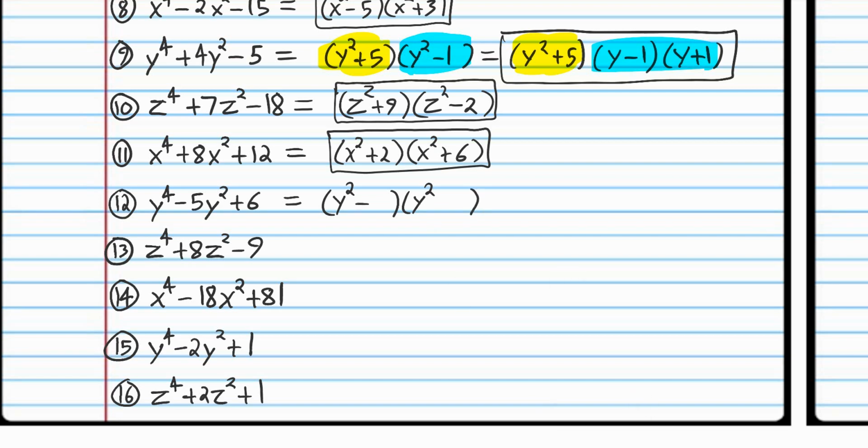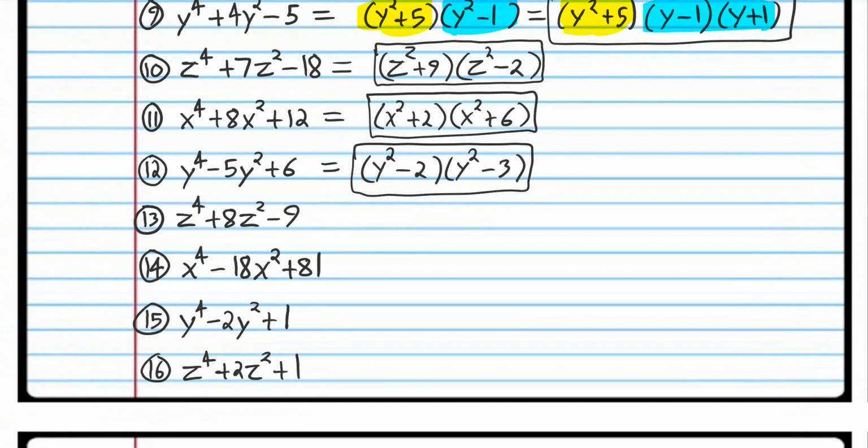I think it's going to be negative 2 and negative 3. And that's going to be your final answer. So if you got that answer, good job. If at first you don't succeed, try again. And again, these are not perfect squares. Even though we have a difference here, they're not perfect squares, so we would just leave those. All right, try number 13, and when you come back, we'll do it together.